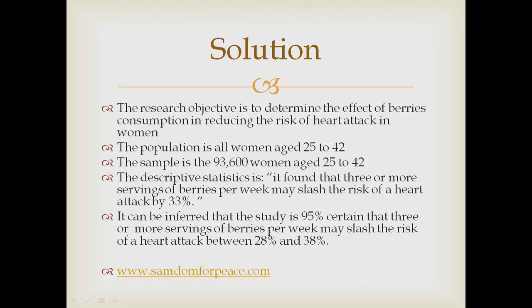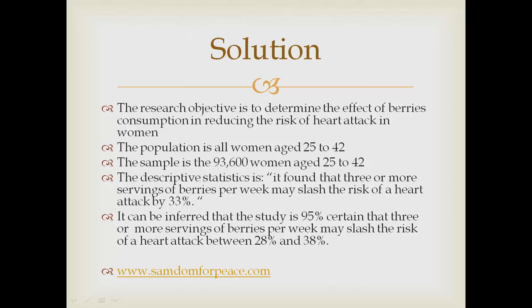And you choose women aged 25 to 42 years. So the research objective is to determine the effect of berries consumption in reducing the risk of heart attack in women aged 25 to 42 years.